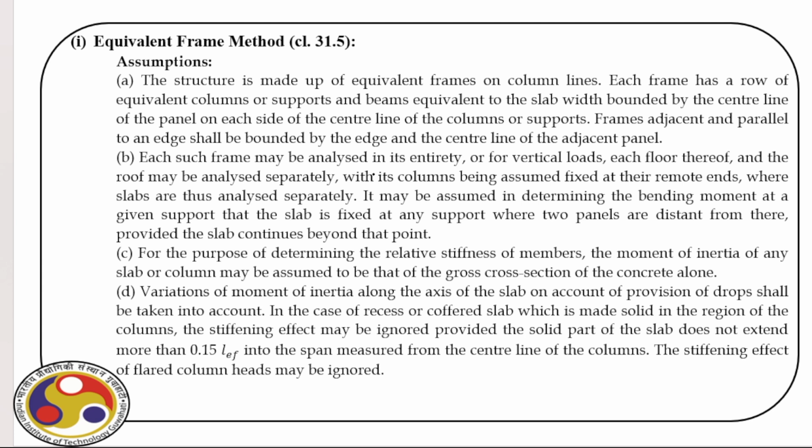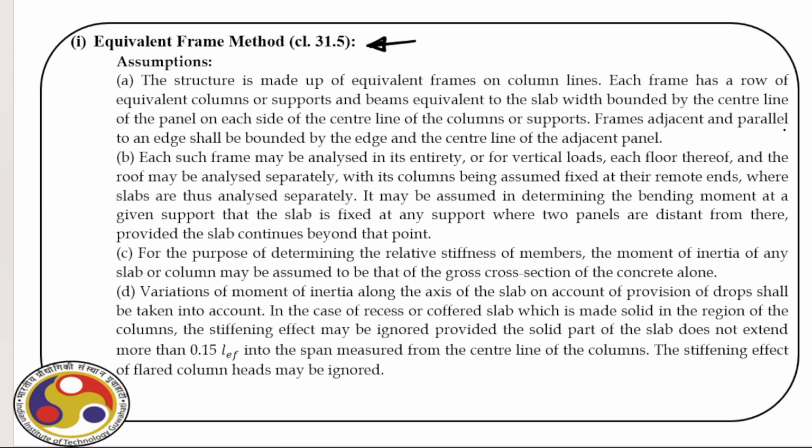Now, there are certain assumptions in the equivalent frame method. So, what are the assumptions? The structure is made up of equivalent frames on column lines. Each frame has a row of equivalent columns or supports and beams equivalent to slab width bounded by the center line of the panel on each side of the center line of the column or supports.